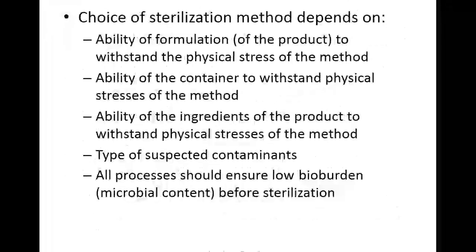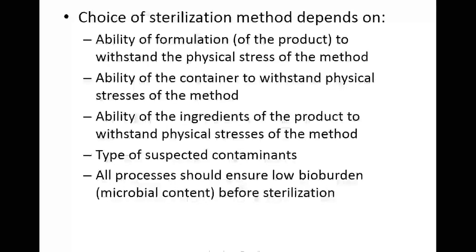And the choice of sterilization method depends on criteria. We know that there are so many types of methods that can be used in sterilization to remove or kill microorganisms. If you want to choose a certain method of sterilization, it depends on the ability of the formulation.